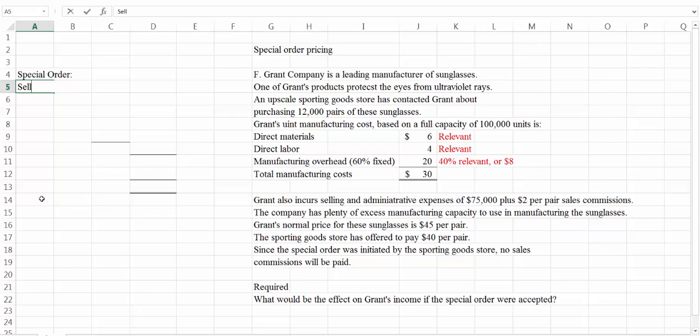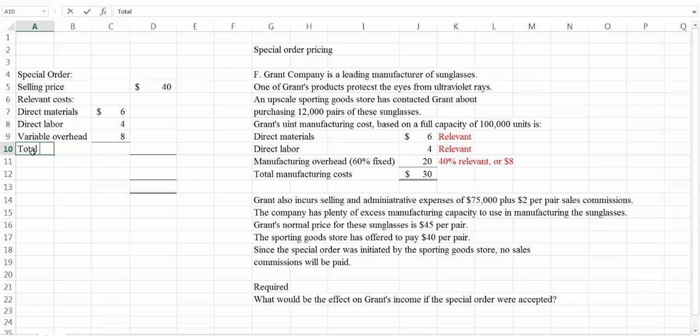So our selling price per unit will be $40. And then our relevant costs are direct materials, $6 per unit, direct labor, $4 per unit, and then our variable overhead, $8 per unit.